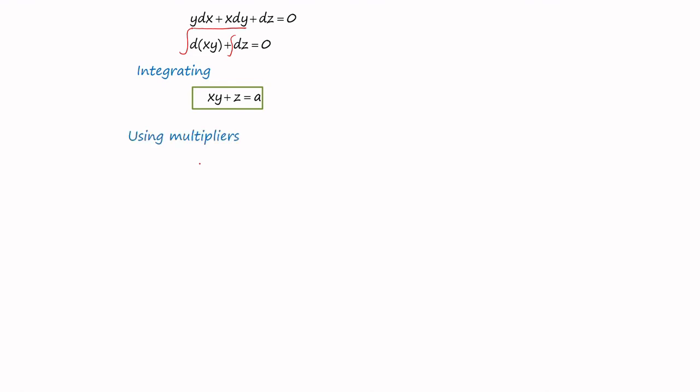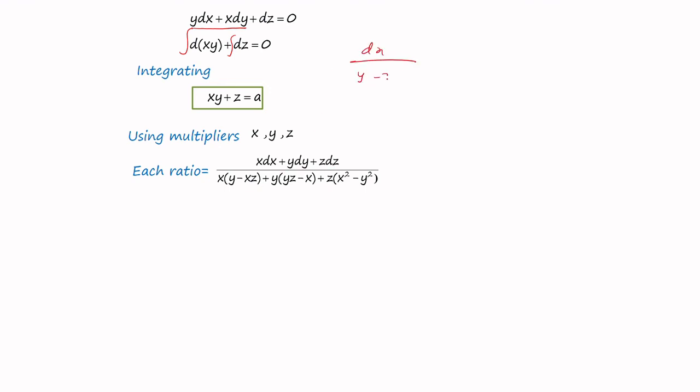So we have to use the other multipliers x, y, z. Each ratio will be equal to x dx plus y dy plus z dz by, our problem is dx by y minus xz equal to dy by yz minus x equal to dz by x squared minus y squared.